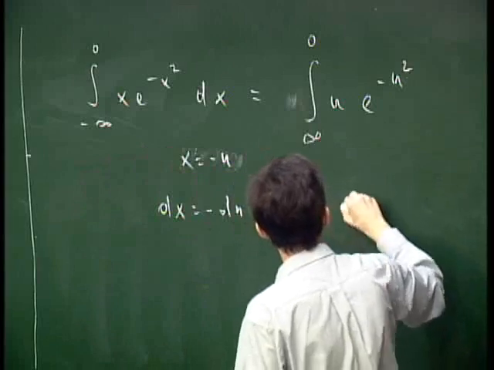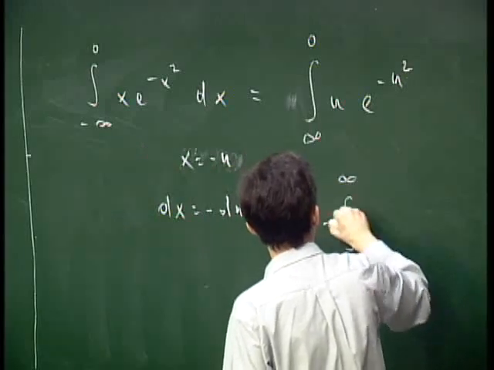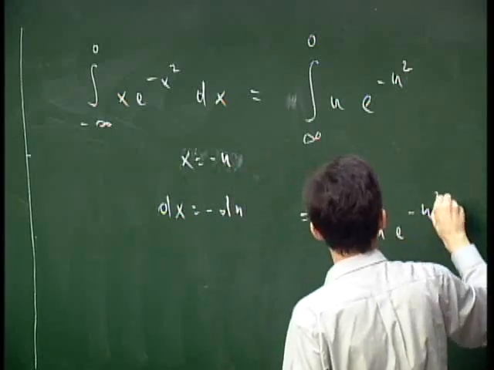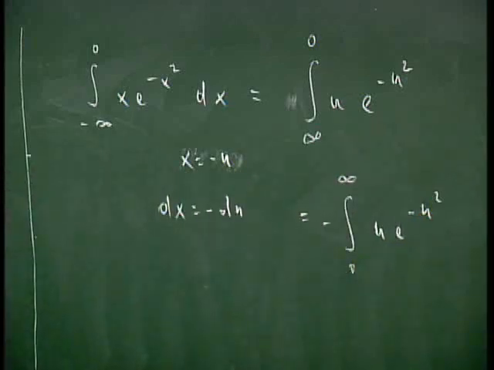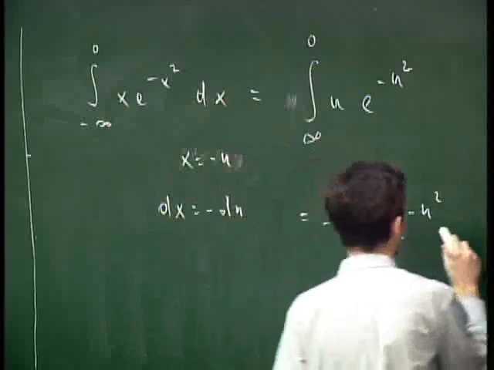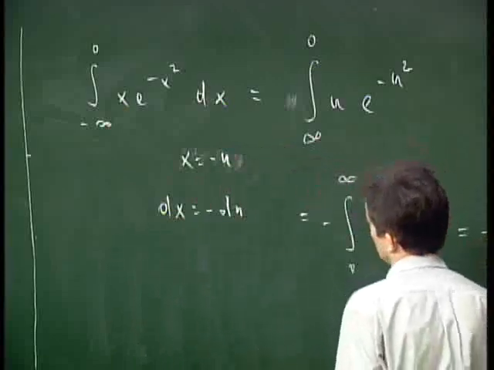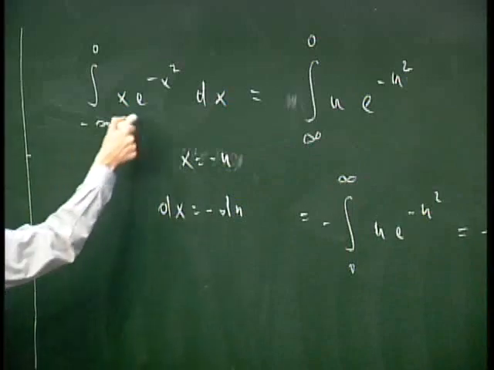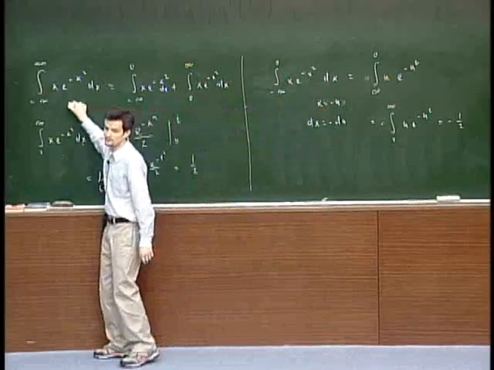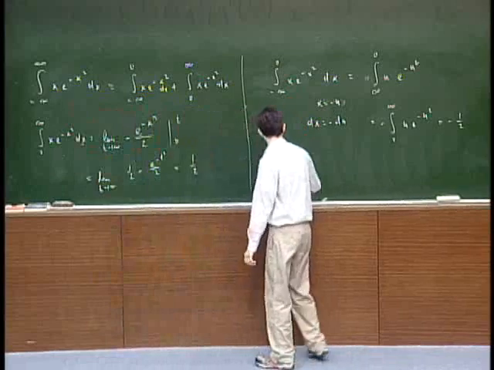So this becomes the integral from 0 to infinity of minus u e to the minus u squared, which is just minus the integral above. The same reasoning gives that this integral is convergent and equal to minus 1/2. Overall, because both integrals are convergent, this integral is convergent, and the value is equal to 0.